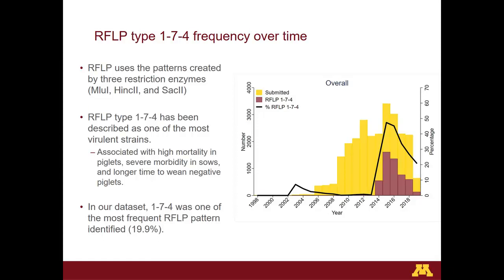It reaches peak in 2015, when 50% of our data set was comprised of 174s, and it appears to be now on a decreasing trend. And in 2018, we have around 20% of our data set being a 174 sequence.